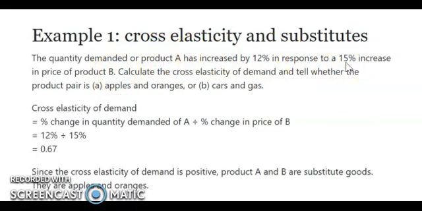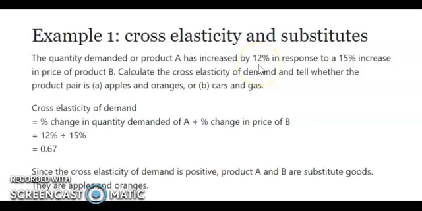That means when the price of B increased by 15%, there was an increase in demand for another good by 12%. So we have to find out whether it's a substitute or a complementary good.